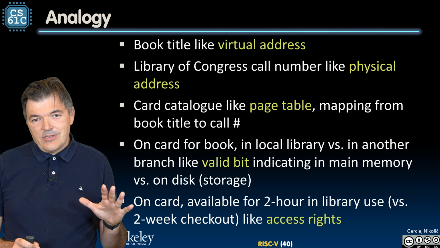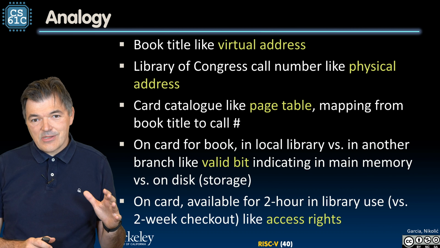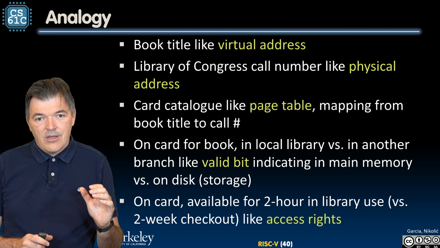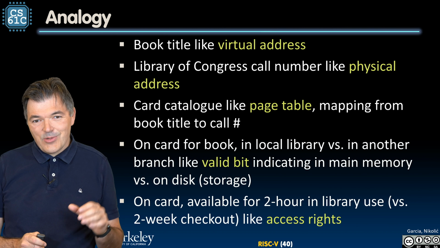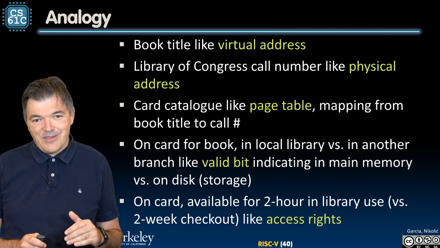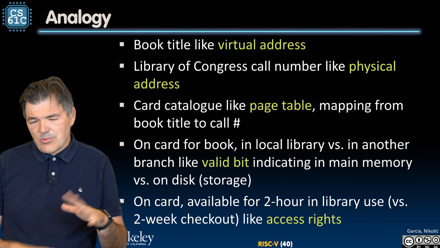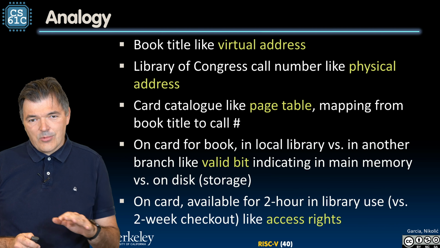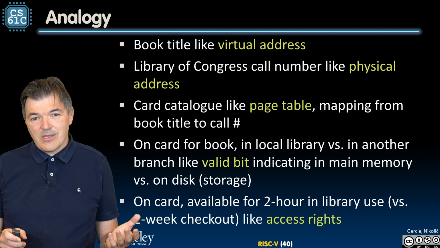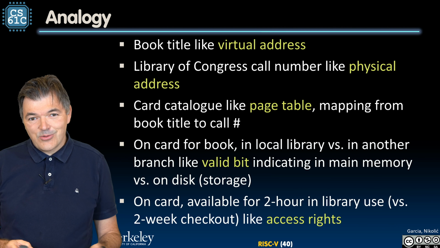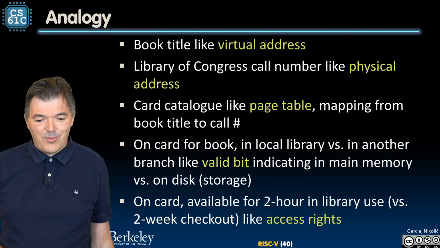It's a really good analogy when we think about how things work in a physical library with library cards and library call numbers. But that works also in a virtual world. I'm just going to describe this, assuming that we still actually go to the physical library where there are physical books.